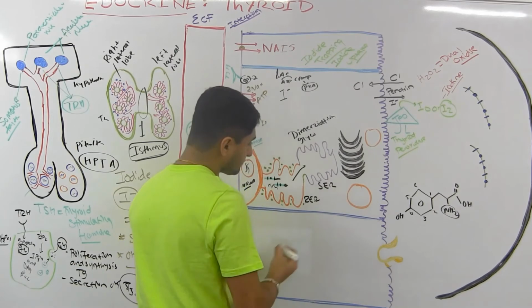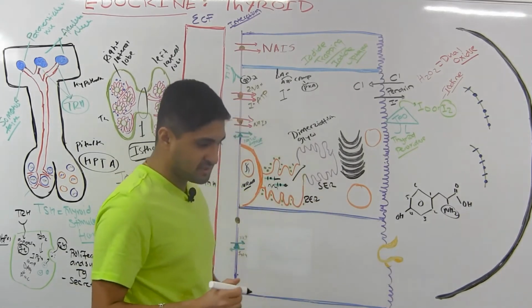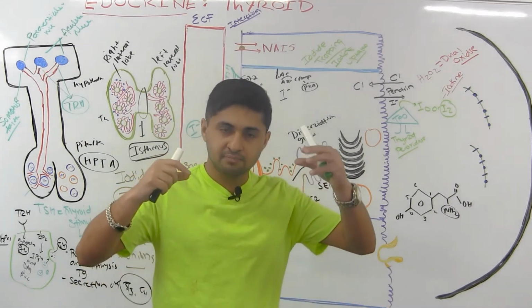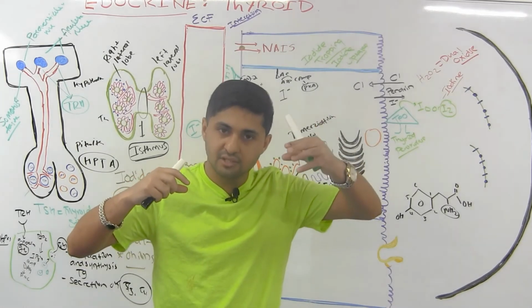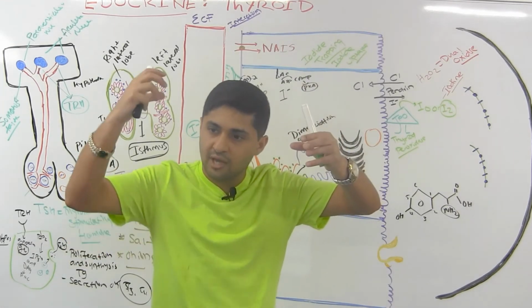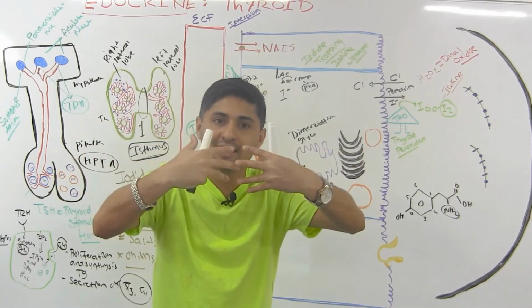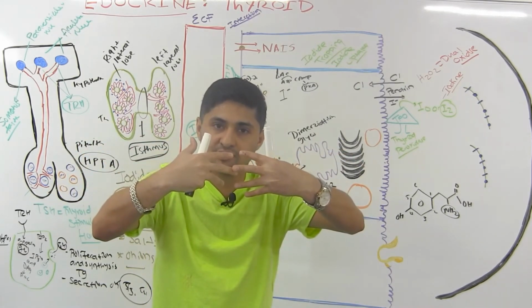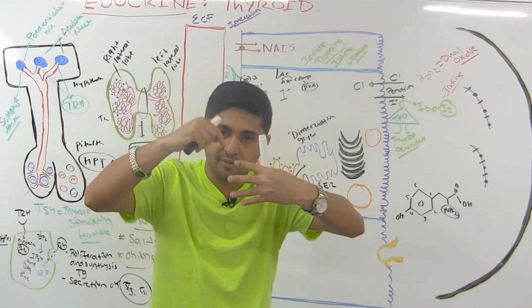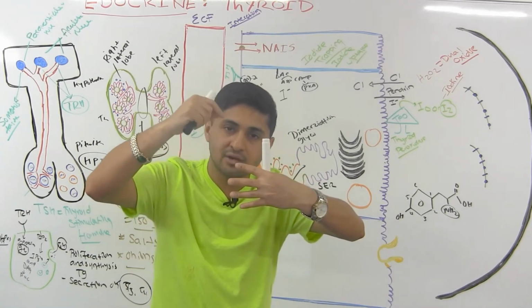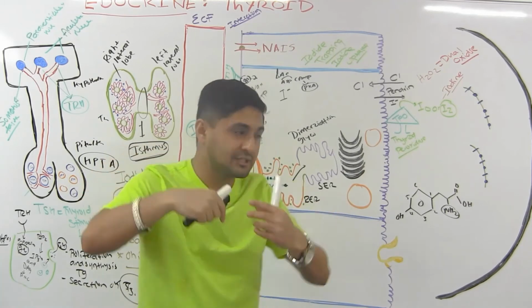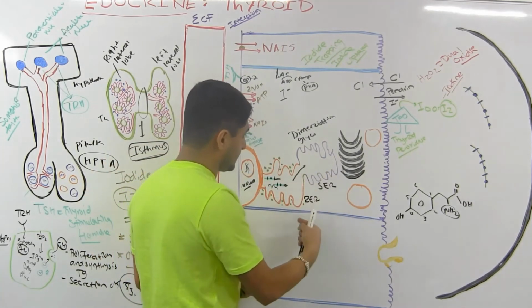Dimerization means dimer, meaning two. So the monomers of tyrosine residues and the monomers of another tyrosine residue come together and fuse together. That is dimerization. On top of that, they put a glycosylation, meaning adding a glucose sugar to it. That takes place in both areas.